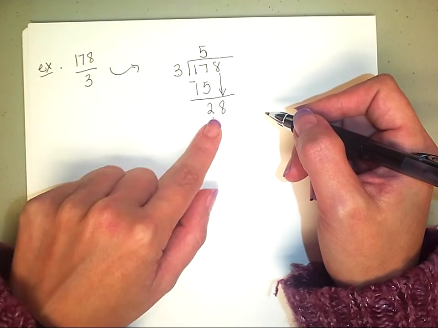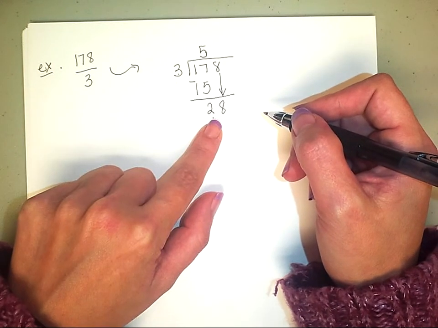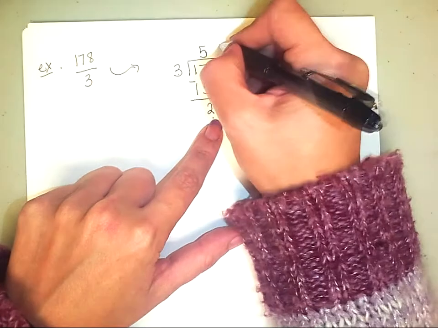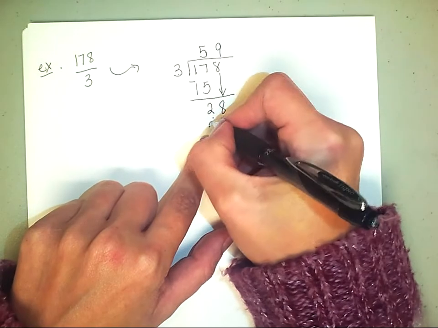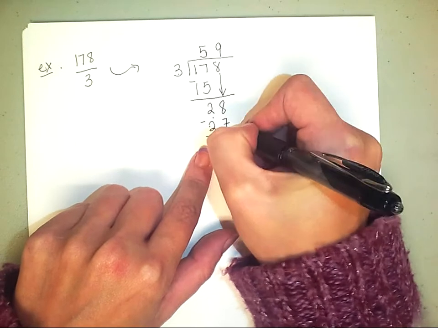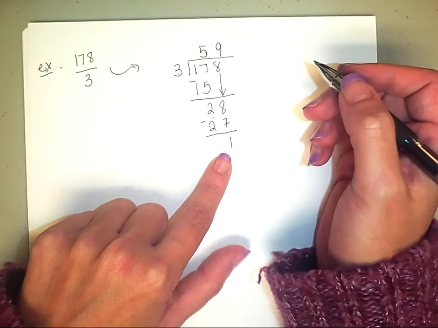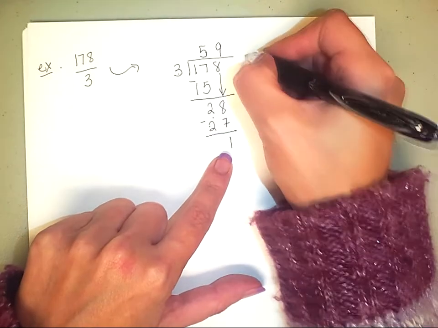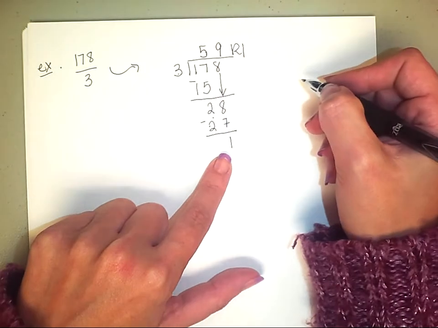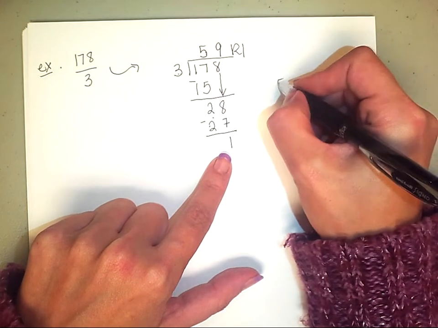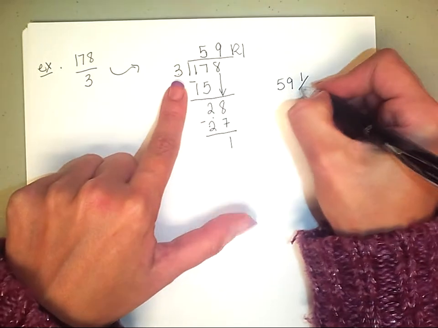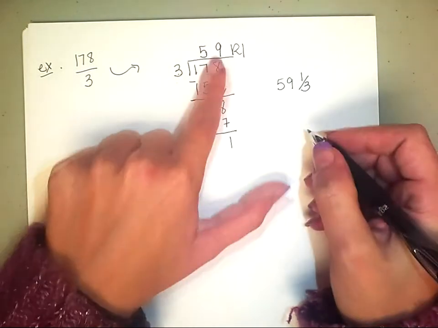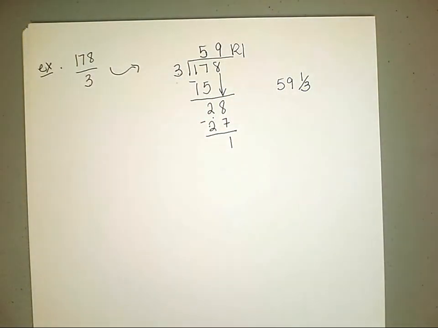How many times does 3 go into 28? Well, 9 times 3 is 27. So we write that down below, and then you subtract, with a remainder of 1. And so sometimes we'd write it like this, or we'd say that that was 59 and 1 for the remainder over 3. These are equivalent things.